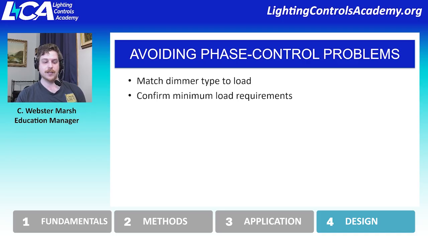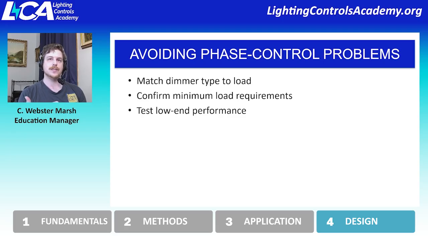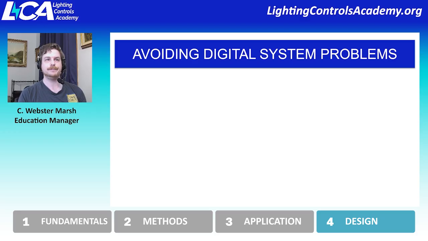So make sure that you're providing at least the minimum load on that dimmer. And then finally, just making sure that the low-end performance behaves the way you want it to behave. That, again, might be a mock-up situation, but it also could be a test report from the manufacturer just saying this is how low the fixture can dim to under these conditions. So just double checking that for phase control.